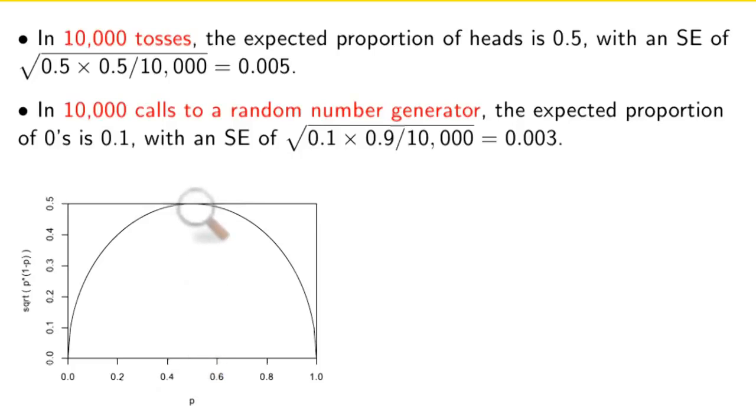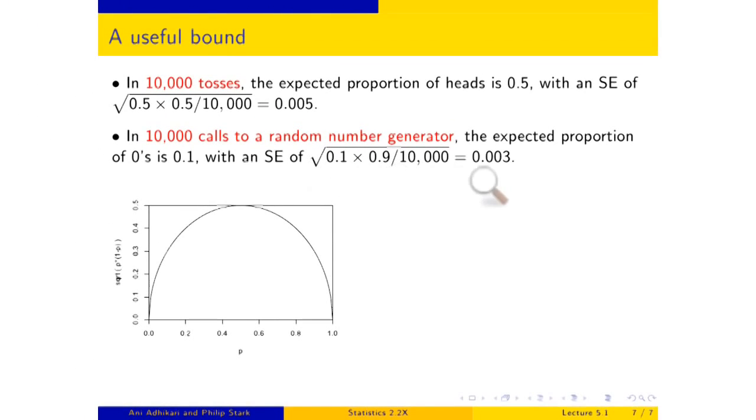And so if you have 10,000 tosses of a coin, any coin, the biggest possible standard error that you're going to get is when the coin is fair. Any other coin is somehow easier to predict, and it will give you a smaller standard error.